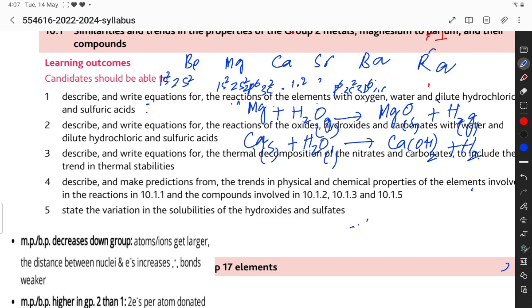Similarly, strontium reacts vigorously with water to form strontium hydroxide, a strong alkaline solution like group 1, plus hydrogen gas.